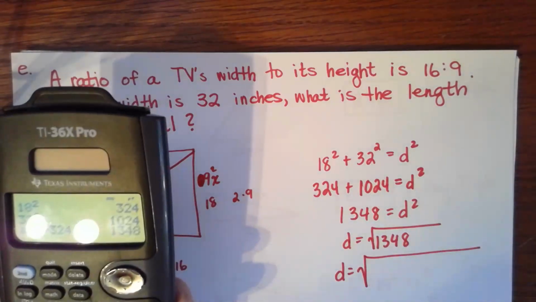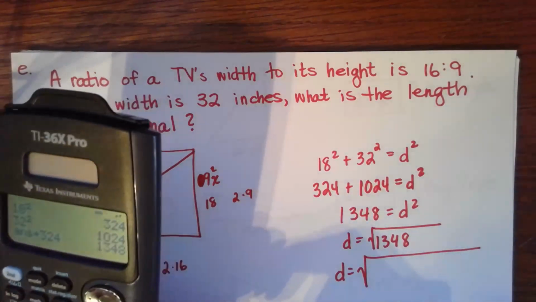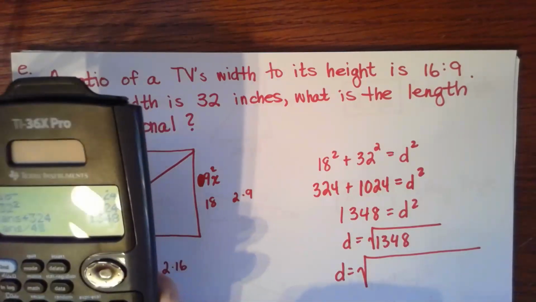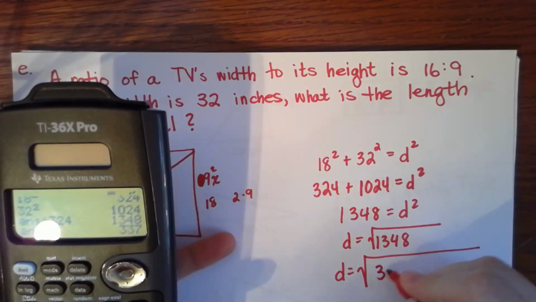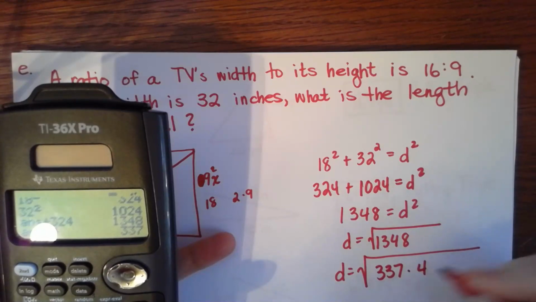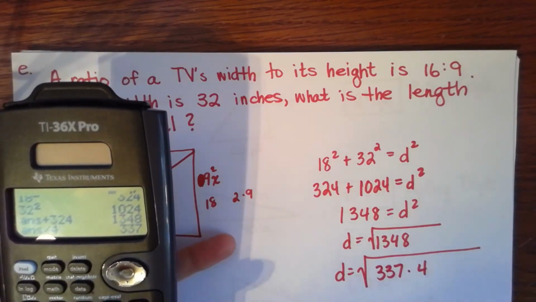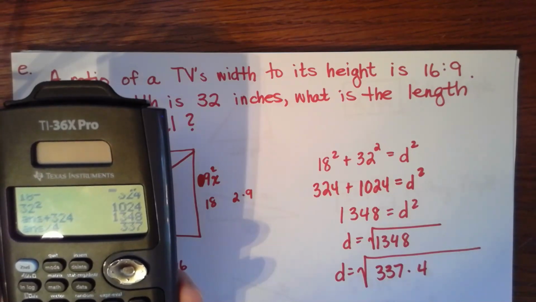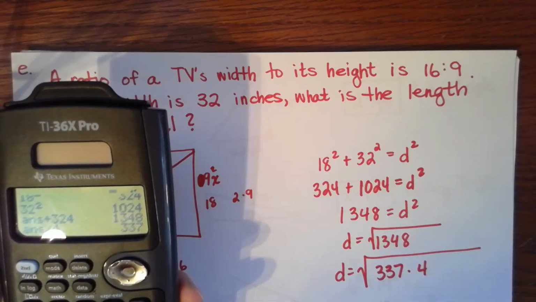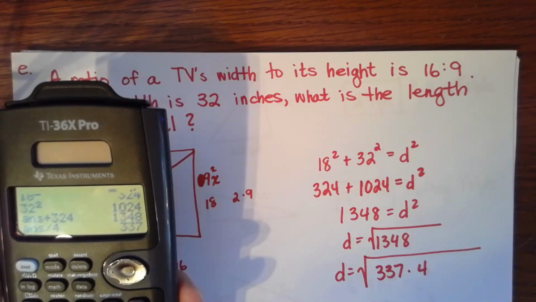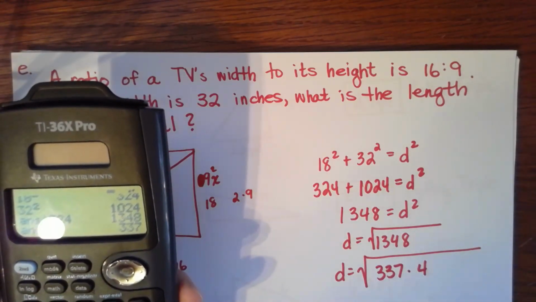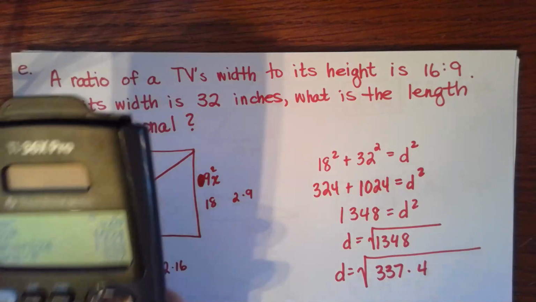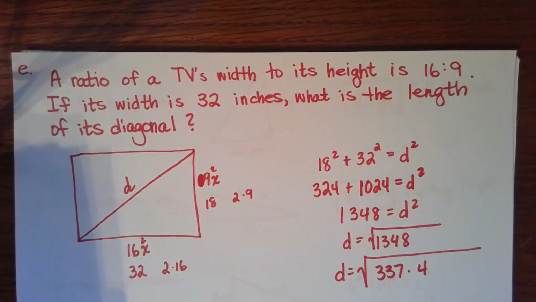All right, well, that's definitely divisible by 4, so let's start there. So 337 times 4. Okay, what is 337 divisible by? Not 2, not 3, not 4, not 5, not 6. Are there any strange primes?